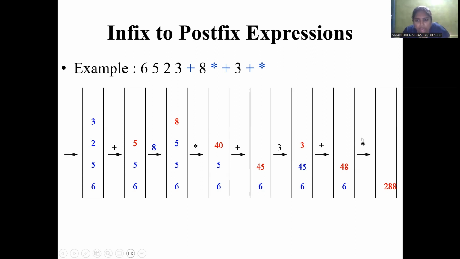If we encounter an operator, we pop the two elements from the stack, which are 48 and 6, and apply the star operator: 48 into 6, which is 288. That result has to be pushed onto the stack. So this is how we have evaluated the given postfix expression.